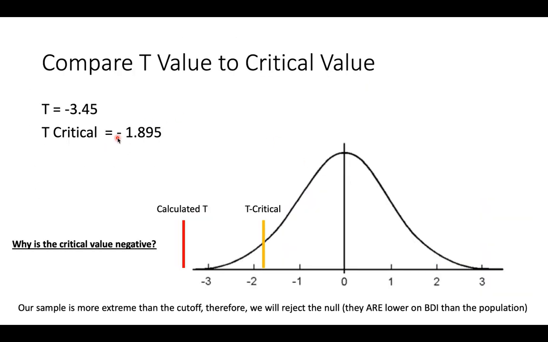So we stick a negative sign in front of it because we made a one-tailed negative hypothesis. So here's our hurdle, our line in the sand, our critical value. That's 1 and then almost 2 standard deviations below the mean. So our calculated value is well beyond the mean.